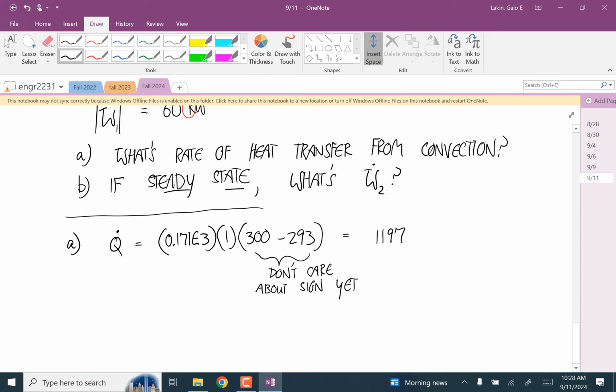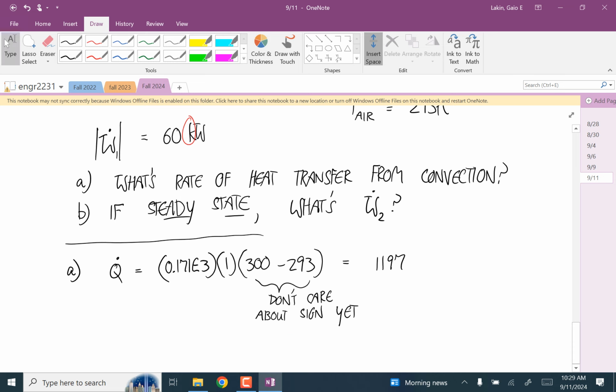And now we have to think about the sign of this as we're going to put it into the first law. So would this gearbox be gaining this energy or losing this energy? This, by the way, is in joules per second or watts.